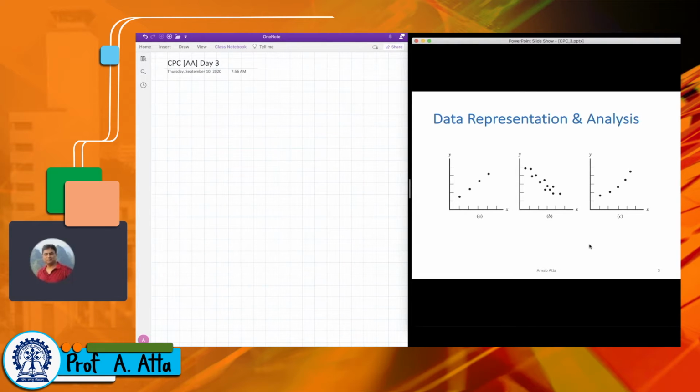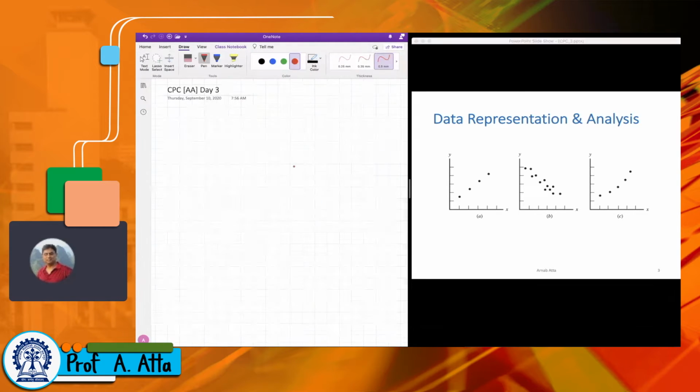You need to have a certain interval. So now you have your data: at certain t you have the value of concentration. At t equals t1, you have c equals c1, and similarly it goes on.